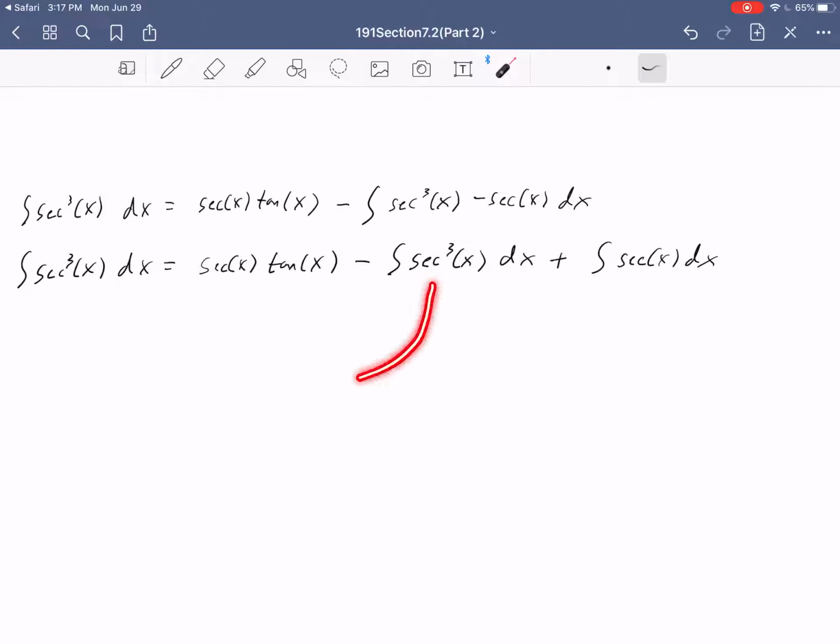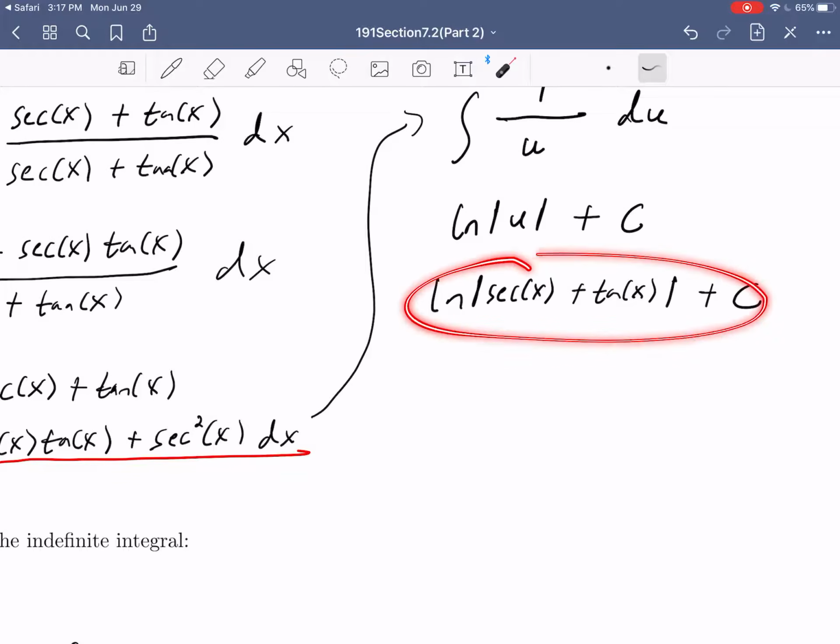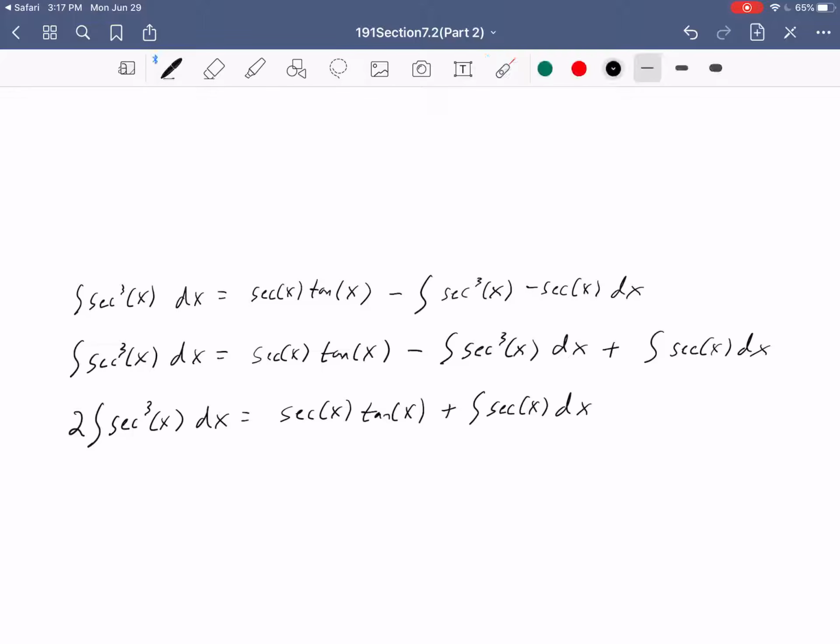Okay, let's add this over to the other side. So we get 2 times the integral of secant cubed x dx is secant x tan x plus the integral of secant x dx. We just did the integral of secant x dx. It's back here. We know it's that ln structure. So let's go ahead and do that.